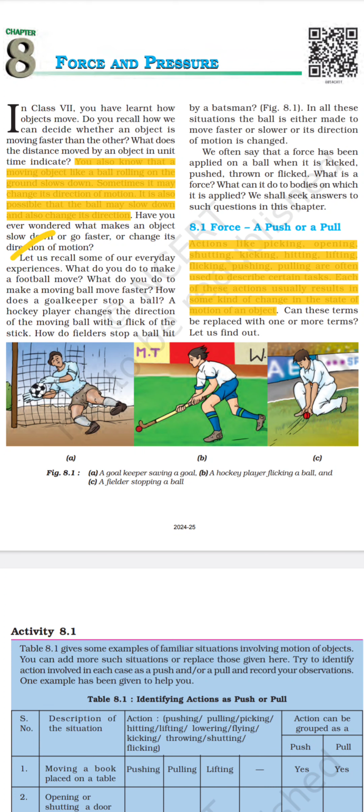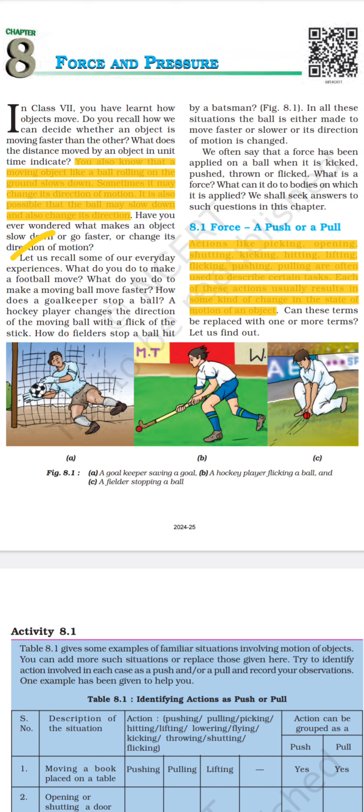Next, let us recall some of our everyday experience. What do you do to make a football move? What do you do to make a moving ball move faster? How does a goalkeeper stop a ball?